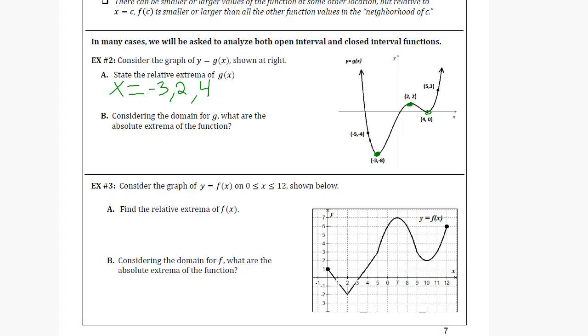Next it asks us for the absolute extrema. Note that x equals -3 will be the absolute minimum. But on the opposite side, because these arrows go forever up, there is no absolute maximum.